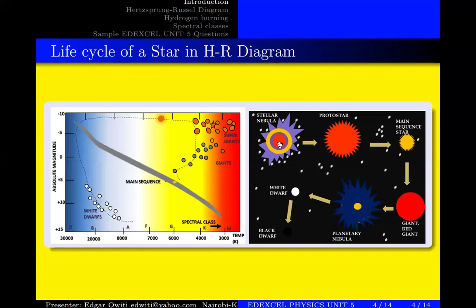If you look at the diagram on the left, the protostar at that point is not in the main sequence in the HR diagram until the point is reached when the gravitational pull is balanced by the nuclear reaction. At that point, the protostar is now entering the main sequence. You can see the diagram on the left.